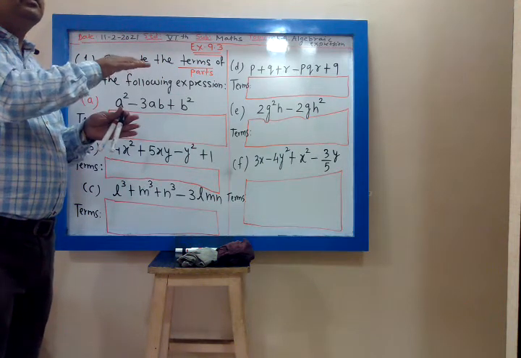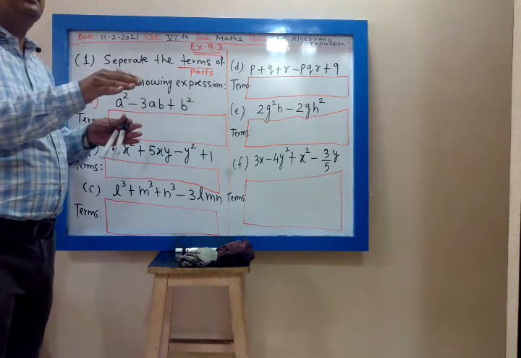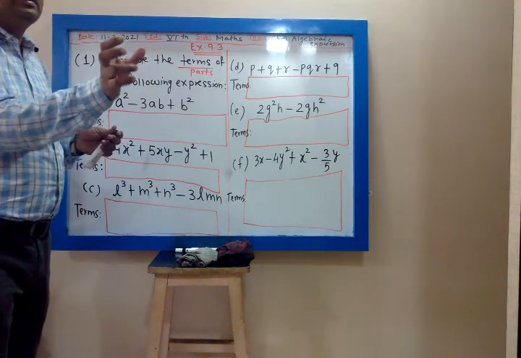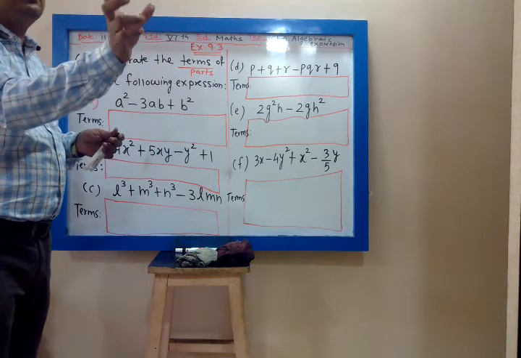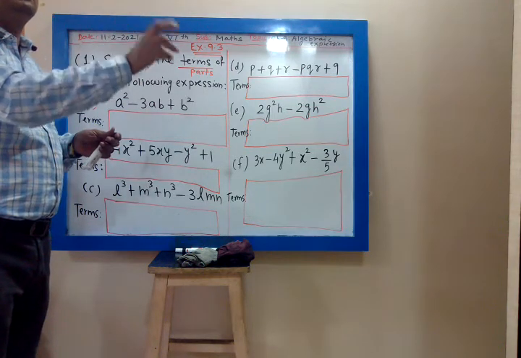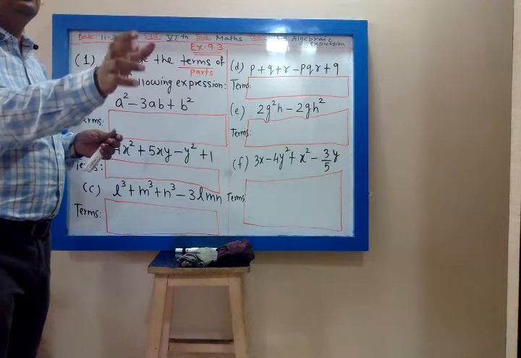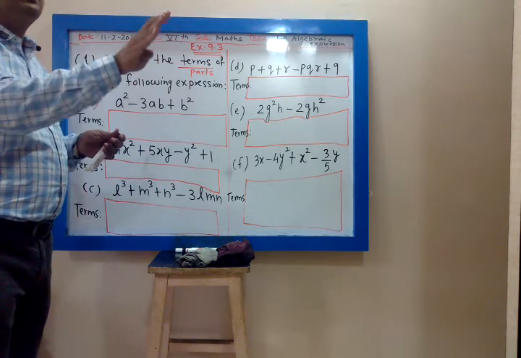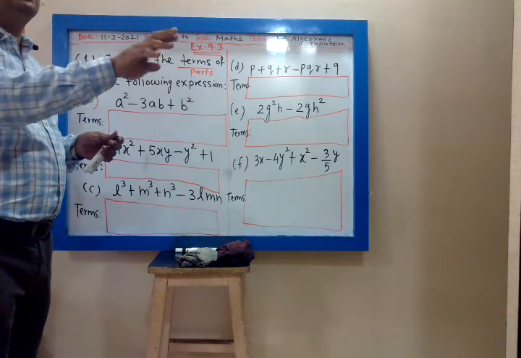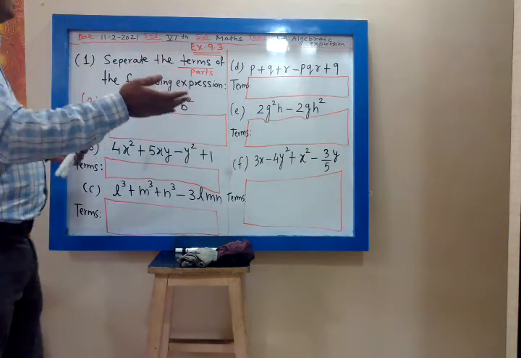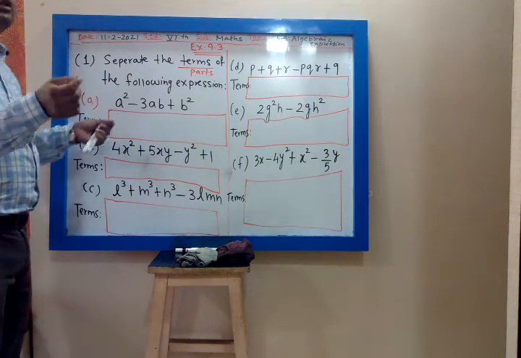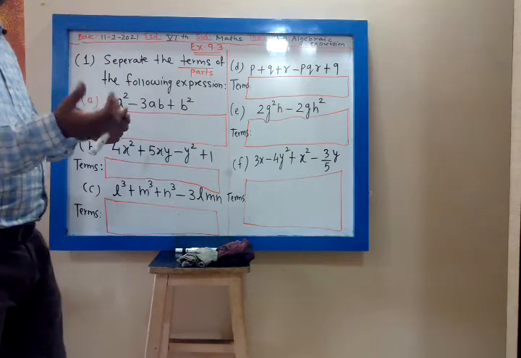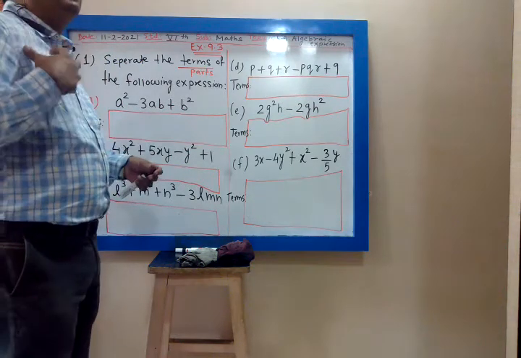Similarly, an algebraic expression has terms. Those terms are nothing but the parts of that algebraic expression. Those parts are joined by the operations plus, minus, addition, subtraction. So plus, minus are the joints of the parts, just as our hand is joined to our body by a joint.